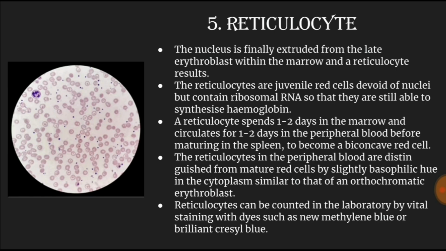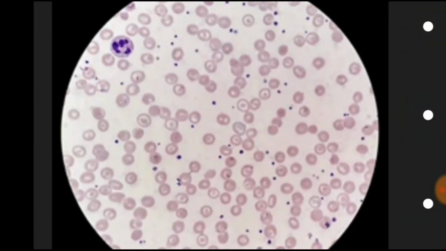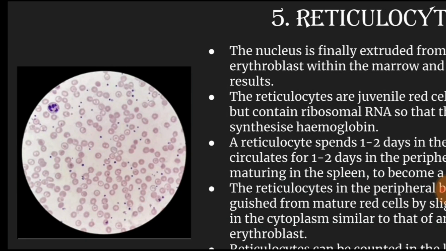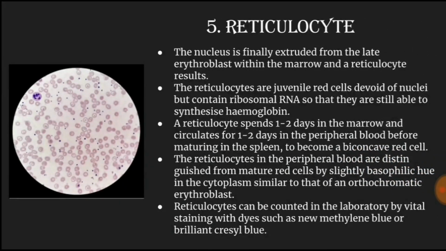The reticulocyte can be counted in the laboratory by vitally staining with dyes like methylene blue or brilliant cresyl blue. The microscopic images that you are observing here have been stained. Without dyes, observing the microscopic structure is very difficult. Hence the staining is done with methylene blue or brilliant cresyl blue.